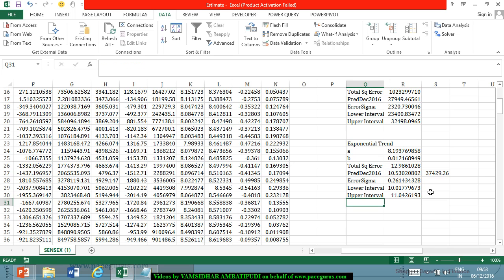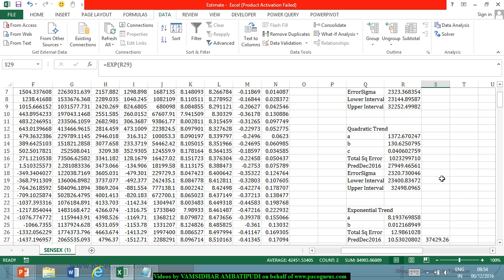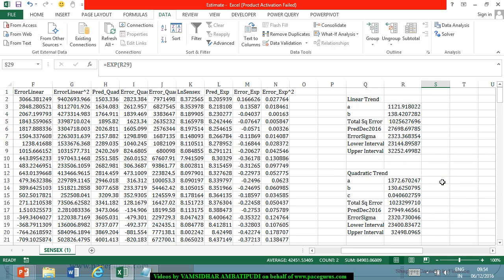Now if I am translating the same into the original values where I am taking the exponent, it can range anywhere between 22,000 on the lower side to 62,000 on the higher side. So here the error range is much higher, anywhere between 22,000 and 62,000 for the value of Sensex next month, going with the trend.